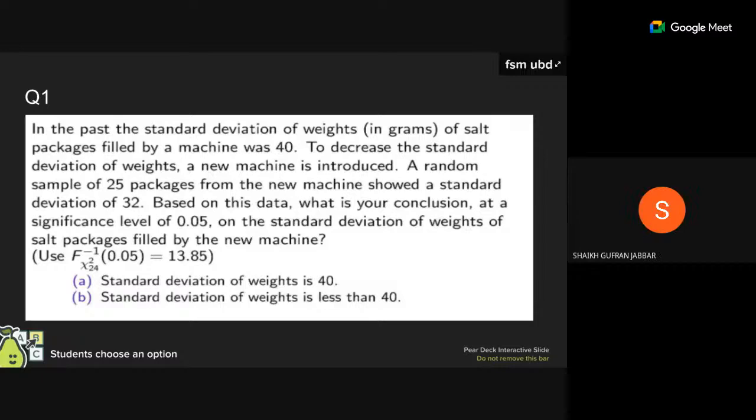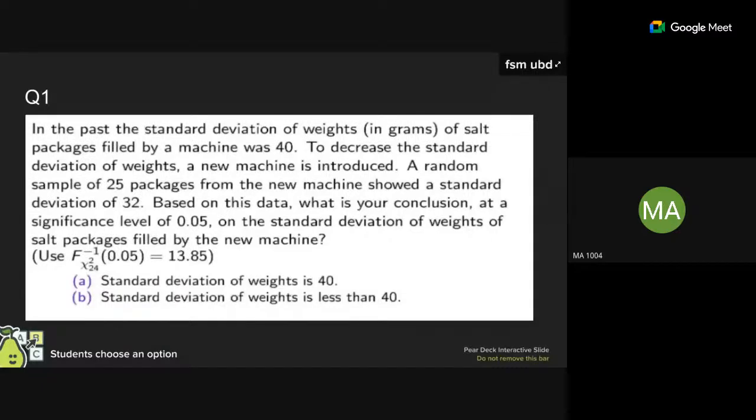The new machine is introduced to reduce the standard deviation. So if you see words like decrease, low, lesser, reduce, then that means we are trying to decrease our parameter value.